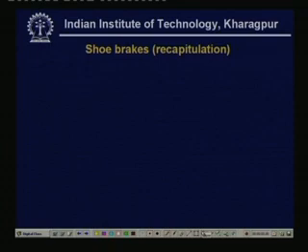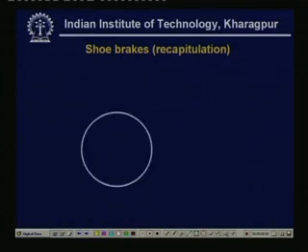But before that, let us go to the shoe type brake again and discuss very quickly the internal or external shoeing arrangement. So, a basic shoe type brake can be taken as, say, this is the drum, and we have the brake shoes.